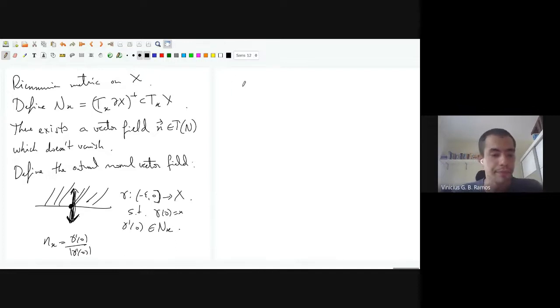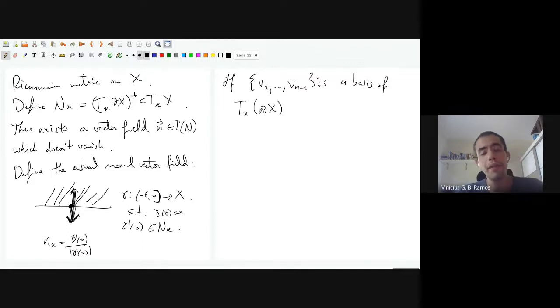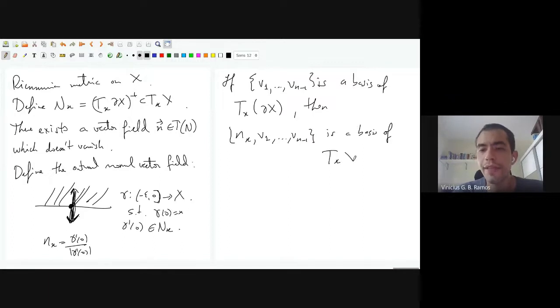So now if v_1 through v_{n-1} is a basis of the tangent space of the boundary at a point on the boundary, then when you put in this n_x, v_1 through v_{n-1}, this is a basis of T_x X.